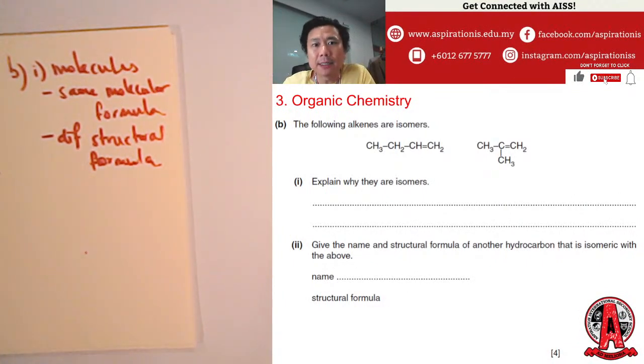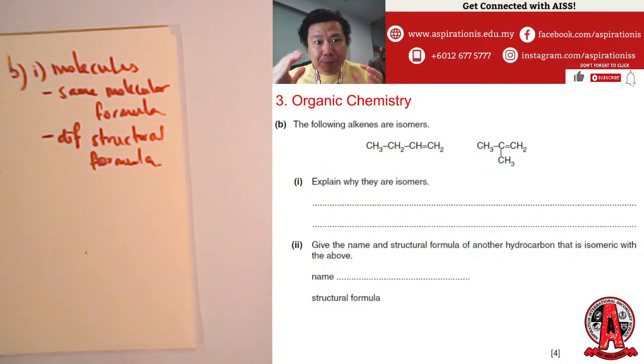Can you write down the full name of the second isomer, the one on the right? Wow, Jia Yan, very good. Correct, 2-methylpropene is very complicated.